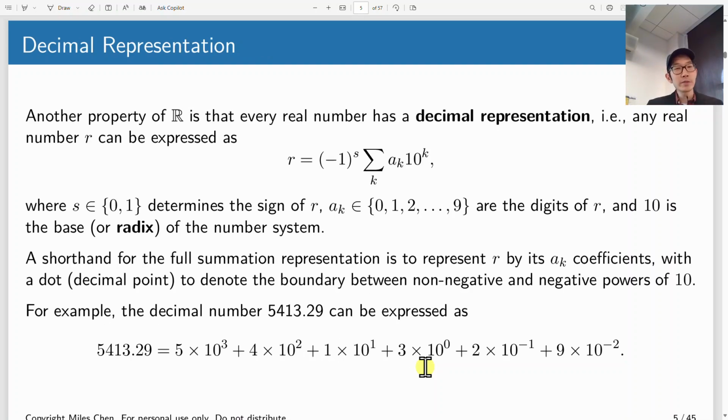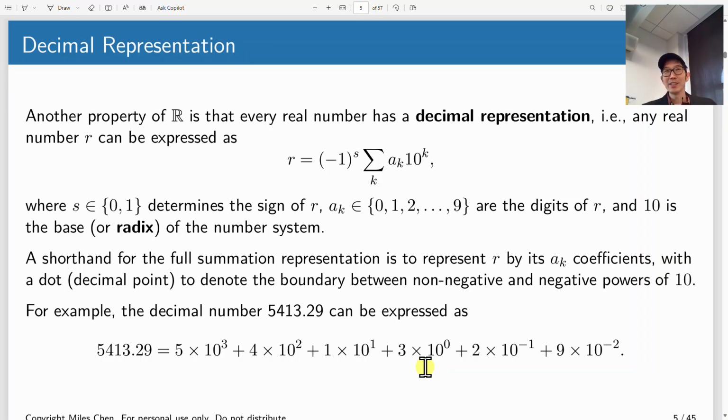And every real number also has a decimal representation. Any number you select on that real number line, whether it's pi or e or the square root of 2 or 1/2, we can represent with a decimal representation. Some of these numbers have infinitely many decimals.